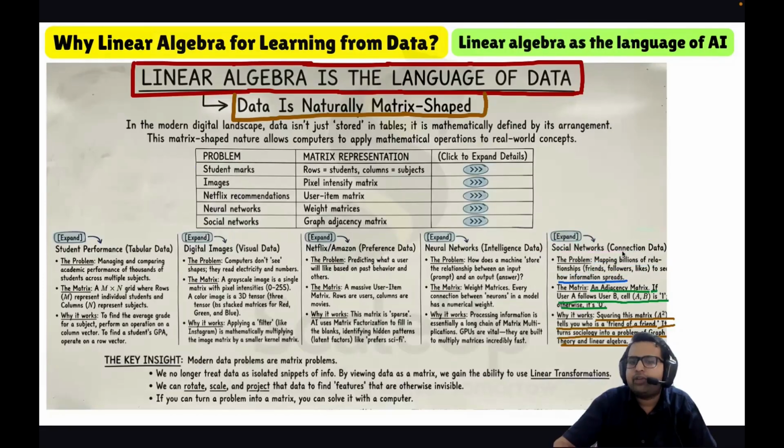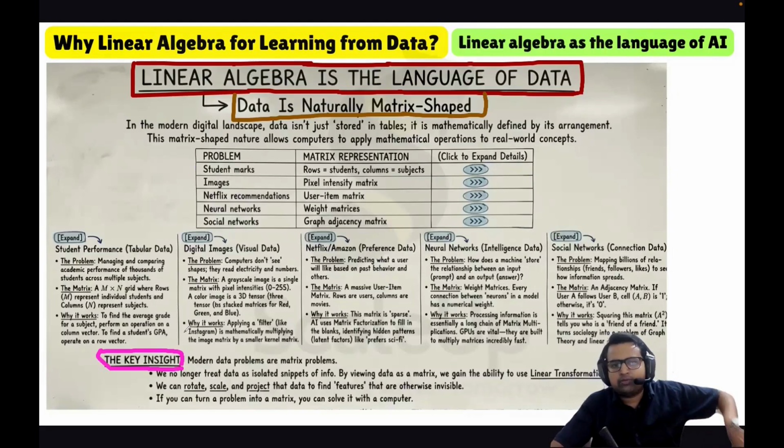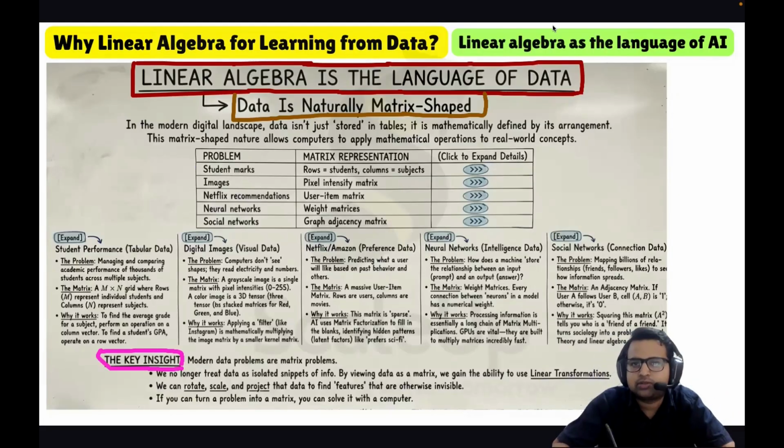If we represent the data in the form of a matrix, we can get some special benefits that we saw. The key insight we can take away from this discussion: modern data problems are matrix problems.